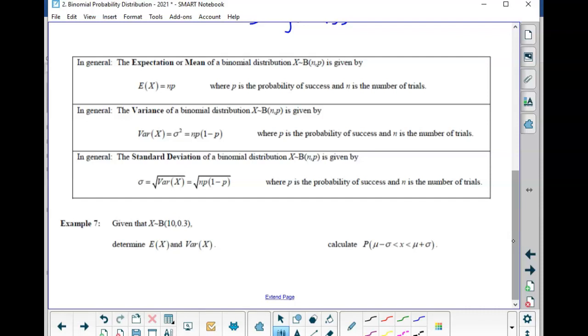And I'm pretty sure these, I didn't say they're in the guide. So binomial distribution: expected value is n times p, variance is n times p times 1 minus p.